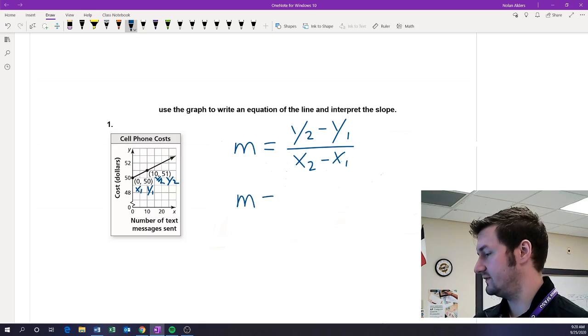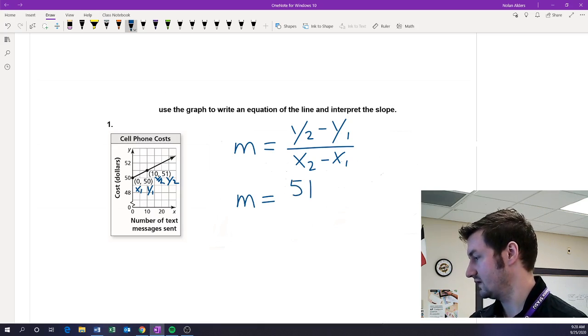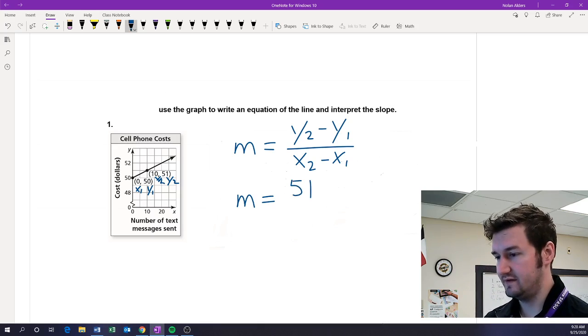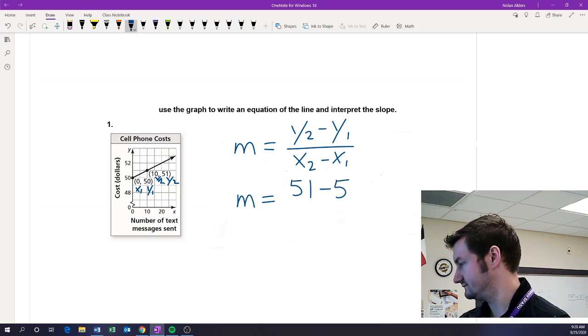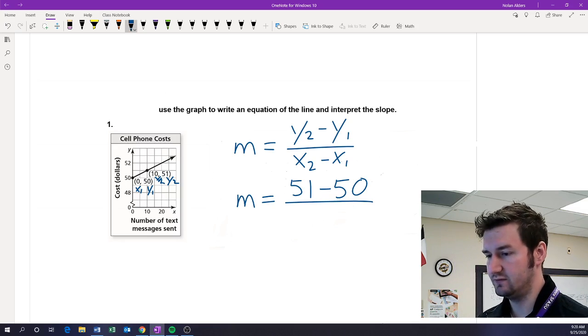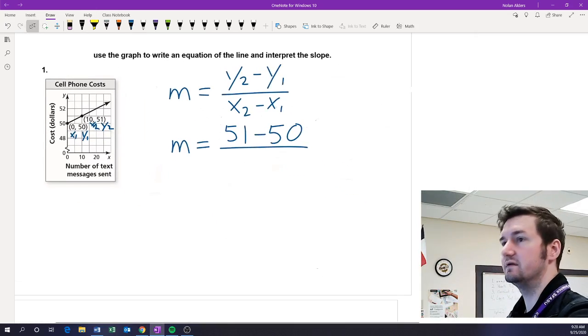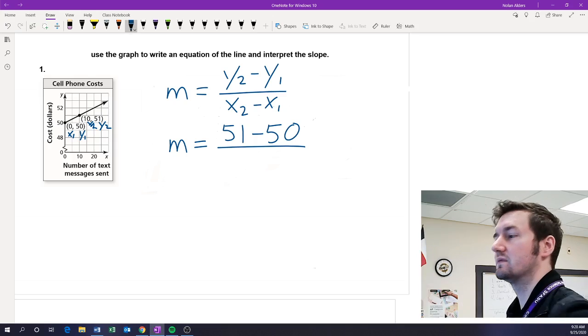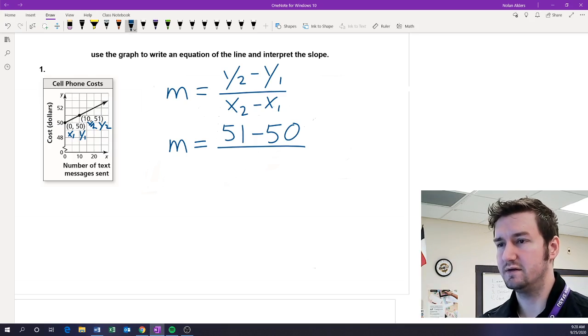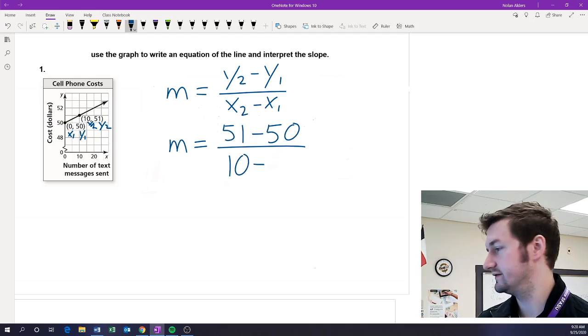My y2 is going to be 51, my y1 is 50, divided by my x2. I need to move this over so y'all can see this. All right, x2 is 10, and my x1 is 0.